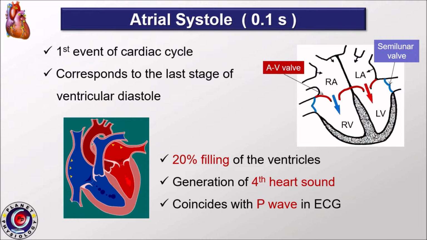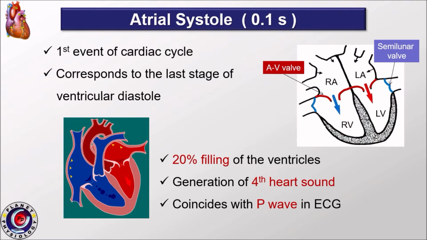So when atria are contracting during this phase, they will push blood into the next compartment, that is the ventricles. So during this phase, ventricles are receiving blood from the atria. Atrial systole phase is responsible for about 20% filling of the ventricles.